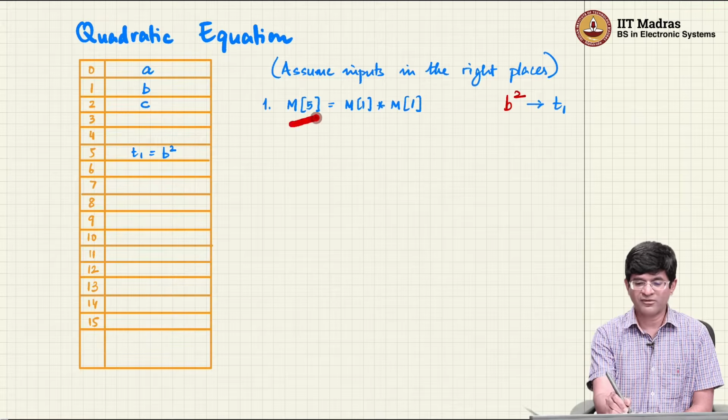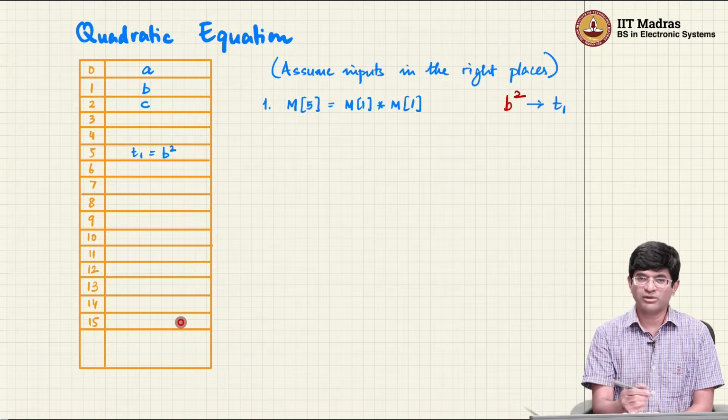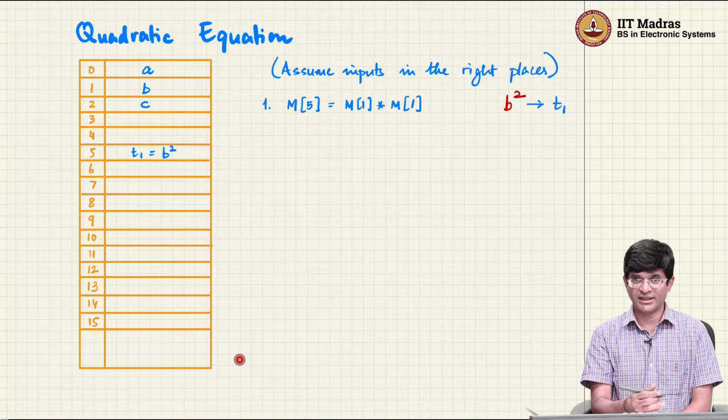So instead of m5 you could think of it as r5, the fifth register, if you wanted to. The important point over here is both of them perform the same function, storage. So I am able to perform all the computations that I need for solving a quadratic equation within this limited amount of storage that I have here, which is why I am demonstrating the entire computation in this manner.